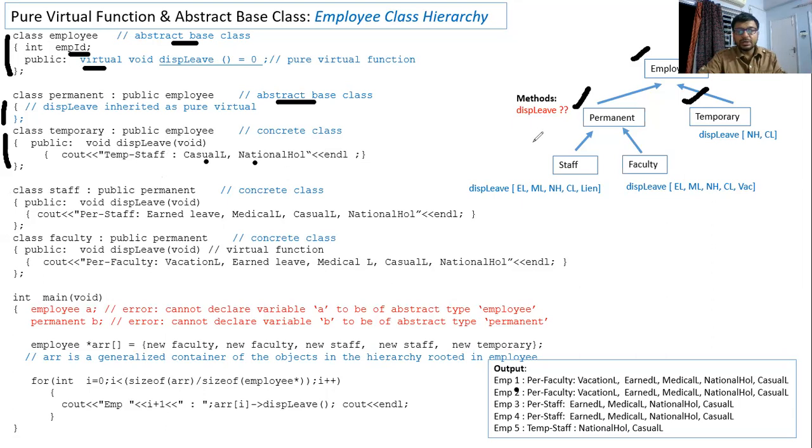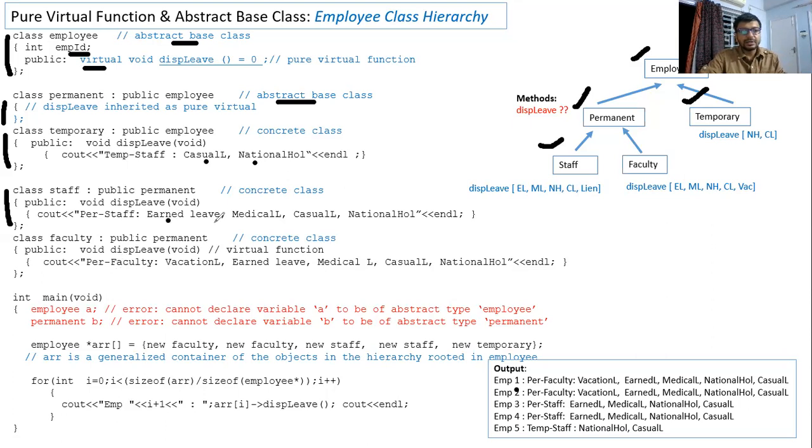Then if we come to the staff, as you can see, in that staff we have got a display leave, and here now we have got a clear idea of what kind of components there will be. So for the display leave, here we know that these are the 5 components, so we just specify all the 5 components here.